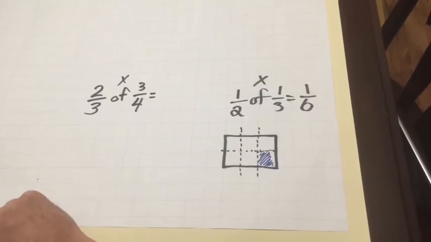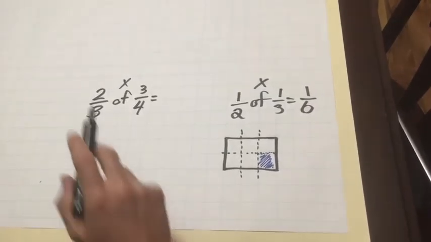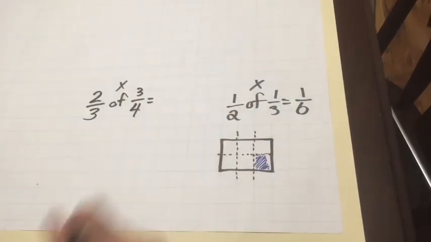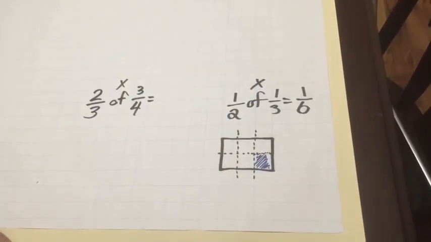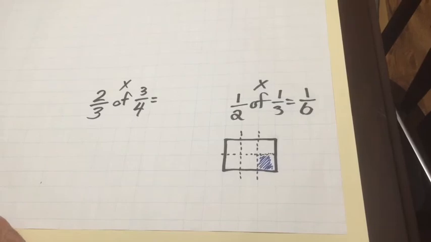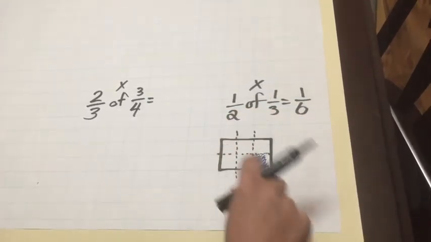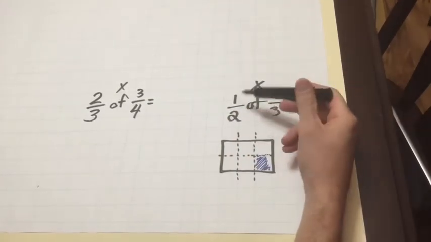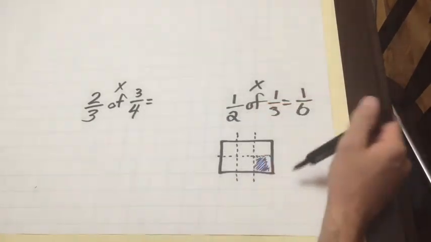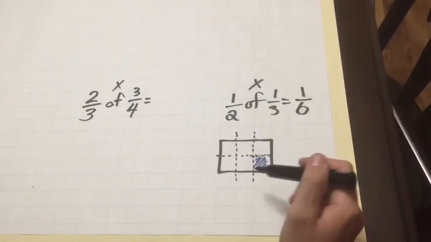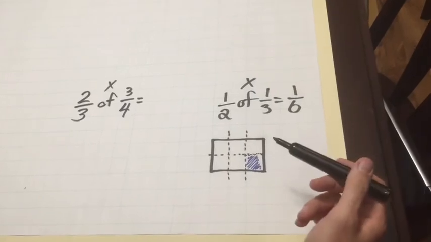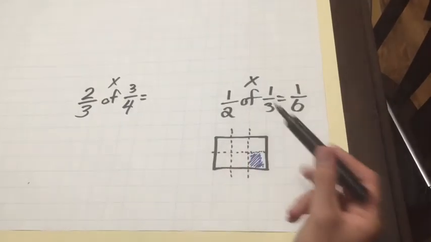All right, welcome back. Well, let's take a look at this. I'm going to draw out a rectangle here to try and solve this. Now, how big is my rectangle? Well, if I look back to my previous example where I had 1/2 of a third and I used my lawn as an example, remember I said the length and width of the rectangle you draw must be what the denominators are.